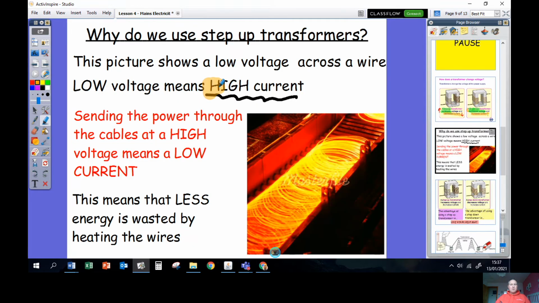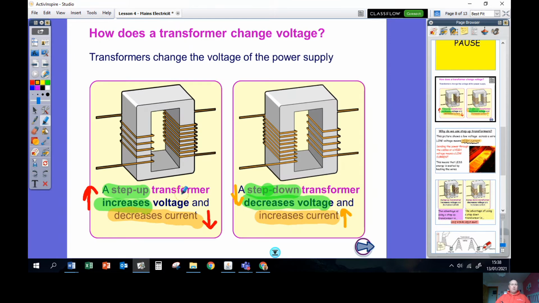So the last thing we want is hot wires. Now, we said that hot wires were caused by a high current. So here's our trick. We use our step-up transformer. The step-up transformer increases the voltage, but that decreases the current. So that super high voltage in the cables means I've got a nice low current.